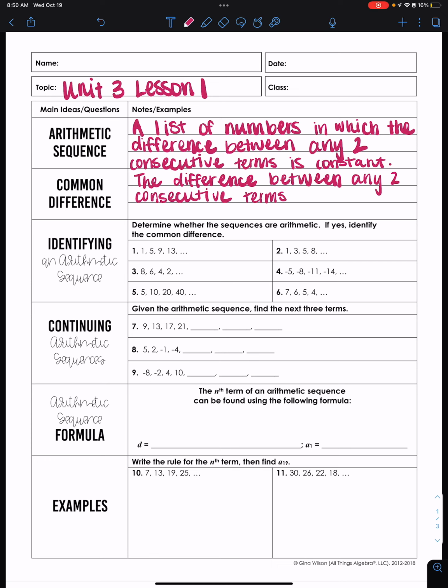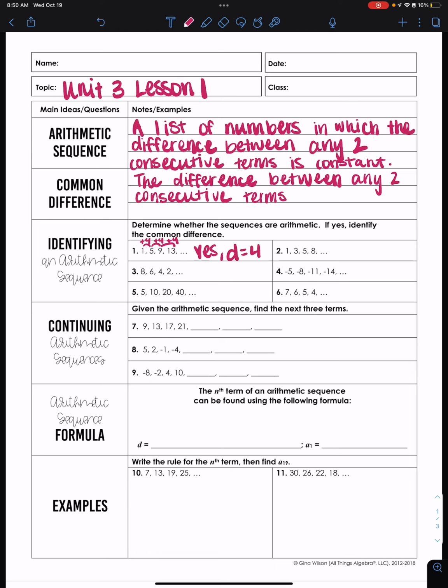So when we want to determine whether a sequence is arithmetic, we just want to see if we are adding or subtracting the same number every single time. So looking at number 1, 1 to 5 we're adding 4, 5 to 9 we're adding 4, and then 9 to 13 we're adding 4. So I know this is arithmetic, and my common difference is 4.